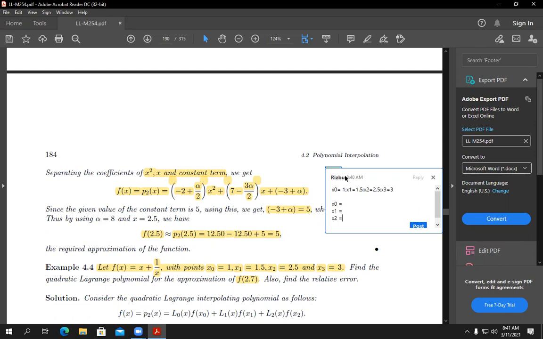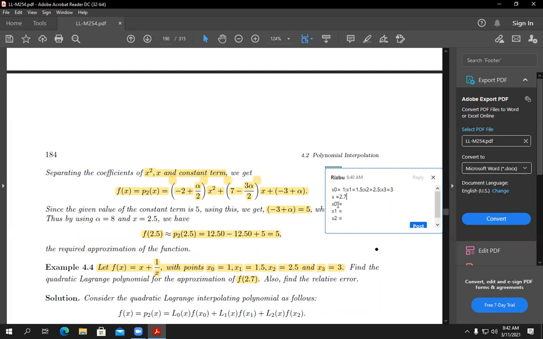Now students get confused and say x naught is 1, and this is this and this is this. No. This is given by the teacher, but you have to select by yourself your new x naught, new x1, depending on your x. What is your x given by the teacher? 2.7. Now you have to look for 3 points which are close to each other and where 2.7 is inside.